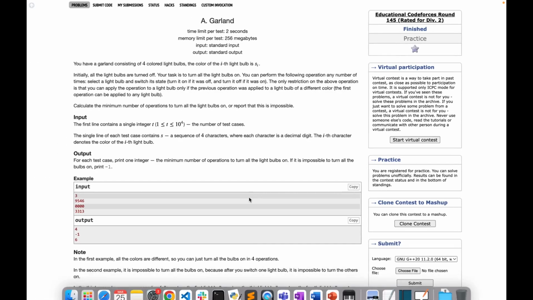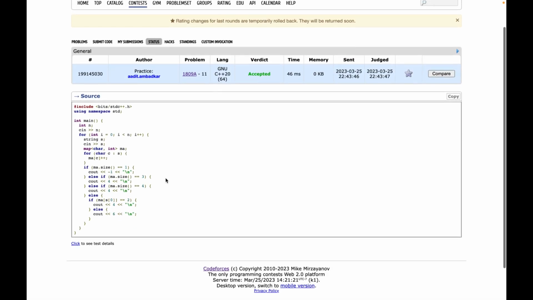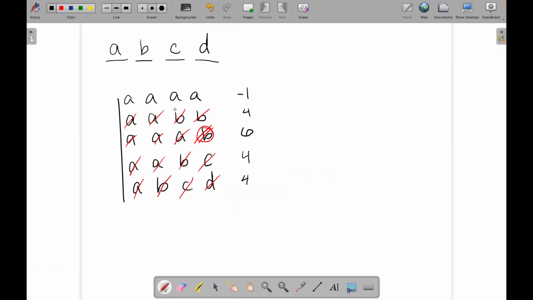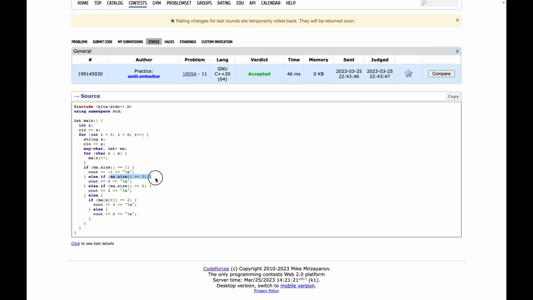There are a couple of ways to do this. The way that I chose was to input this as a string and map from characters to ints. So now I have a map which contains all of my values, for instance A2, B1, C1. And what I'm doing here is checking the size of the map.